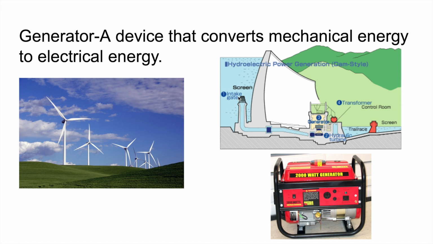The water goes through this pipe and hits a generator and turns a generator, which creates electricity. And of course, we've talked about windmills before as well. They also generate electricity. So there are many ways to generate electricity.